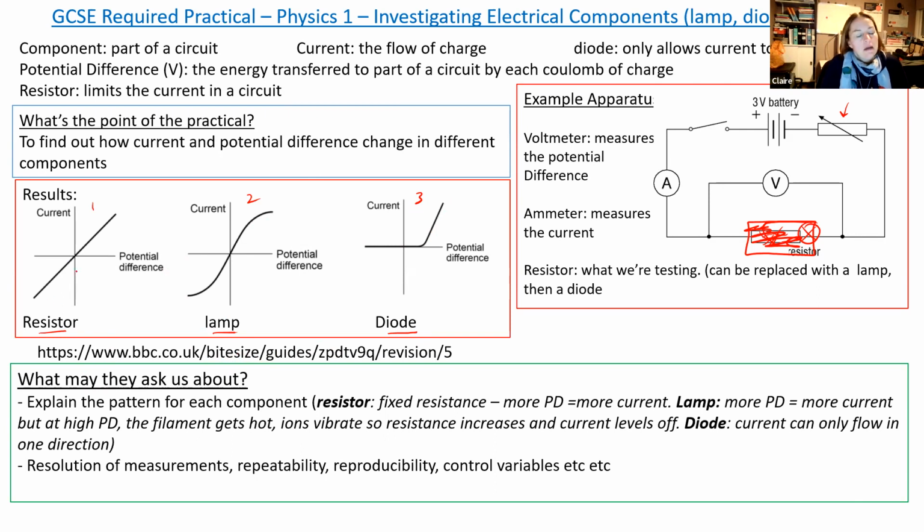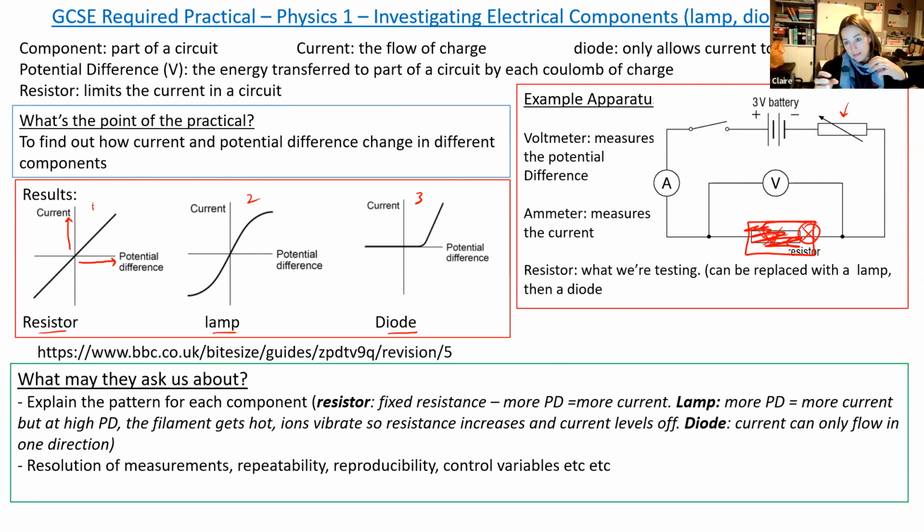Why does it do that? So it is really important to remember that when you're describing it, you must say: as the potential difference increases, which is your volts, what happens to the current? With your ohmic resistor, so it's your fixed resistor, what that's doing is always limiting the amount of traffic.